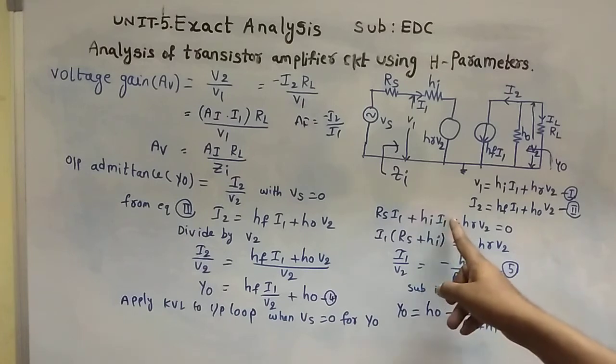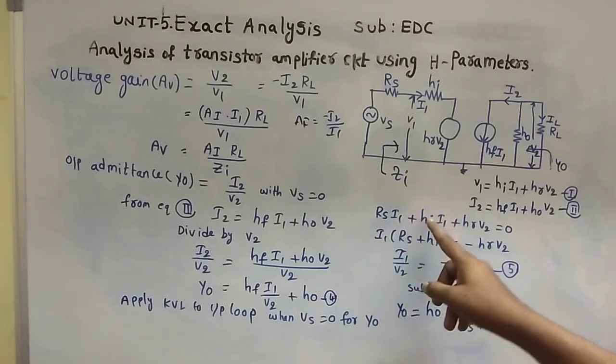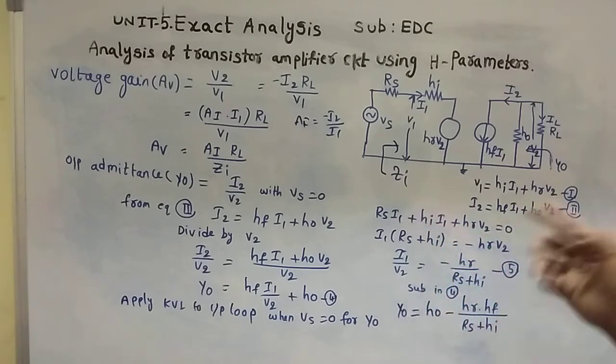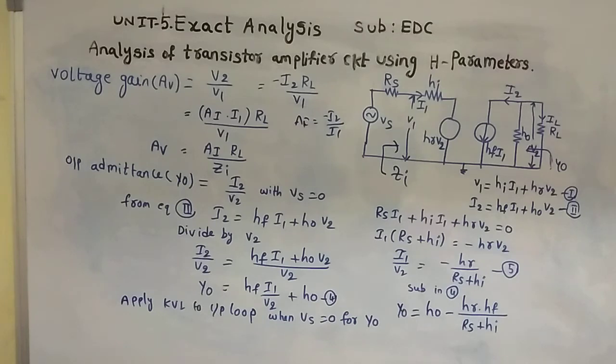Here I1 is common, so I1 into Rs plus Hi. Taking the Hr term to the RHS, minus Hr into V2, then I1 by V2 is equal to minus Hr by Rs plus Hi.